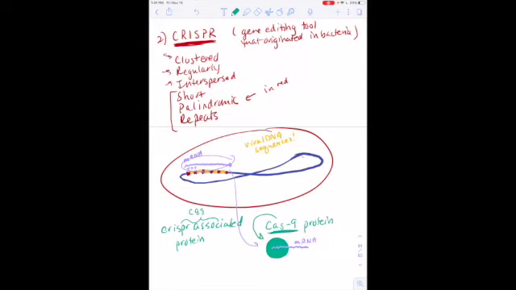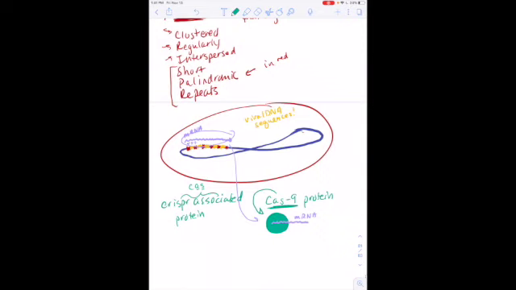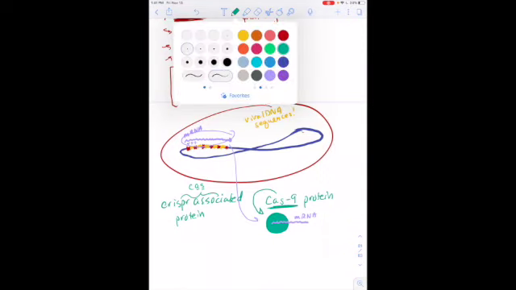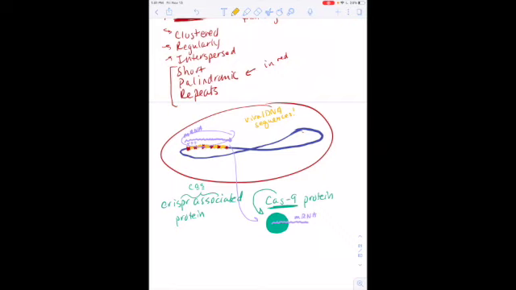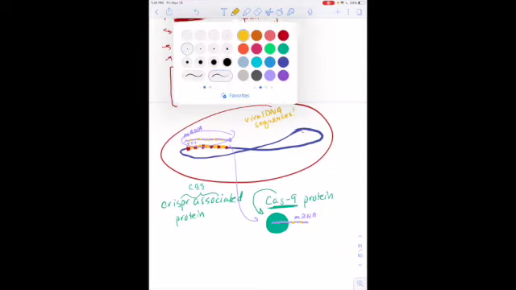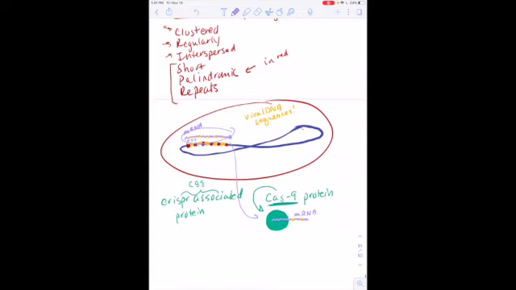And what this Cas9 protein with the CRISPR messenger RNA does is, okay, it's got the remnants of these viral DNA sections in here. And when it encounters any sort of newly introduced viral DNA that looks similar to that, it cuts and destroys that viral DNA.